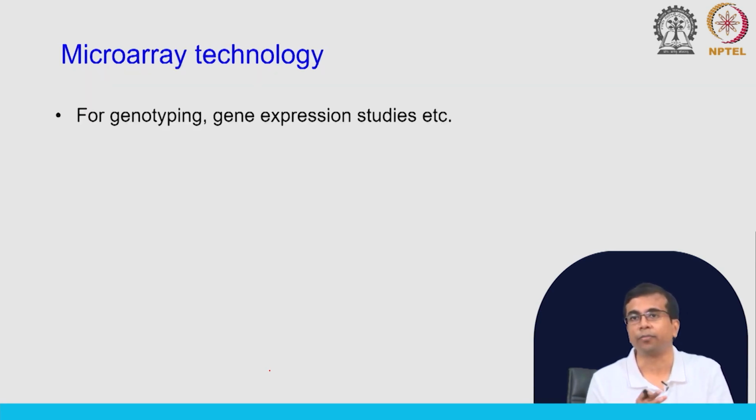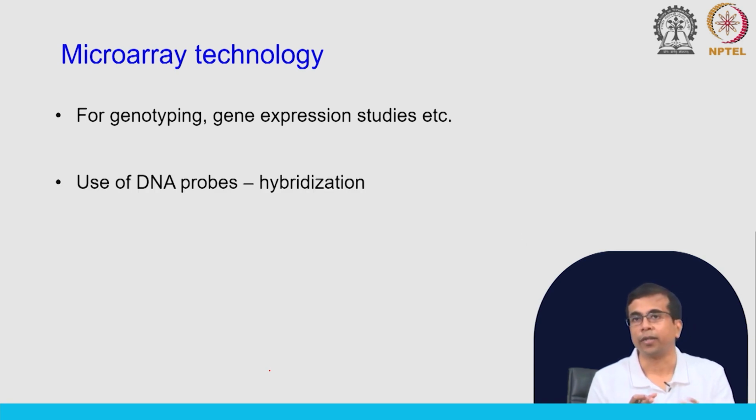So, people thought maybe we can speed this up by using something called a microarray. Of course, this is not the solution to sequencing new genomes, but you can at least identify mutations, do genotyping, and do some gene expression studies using this microarray technology. Microarray technology uses DNA probes present on a solid surface.